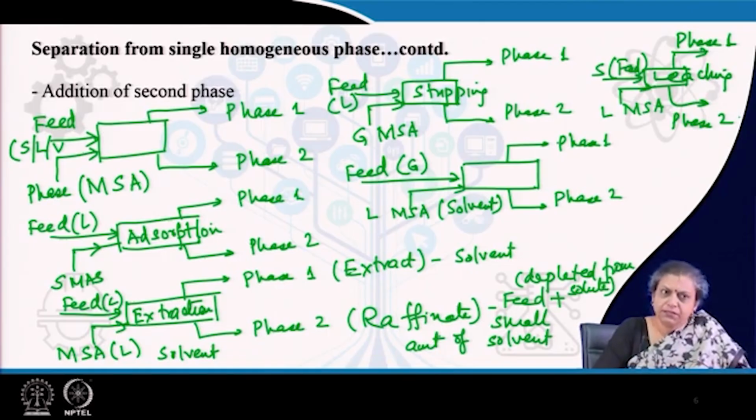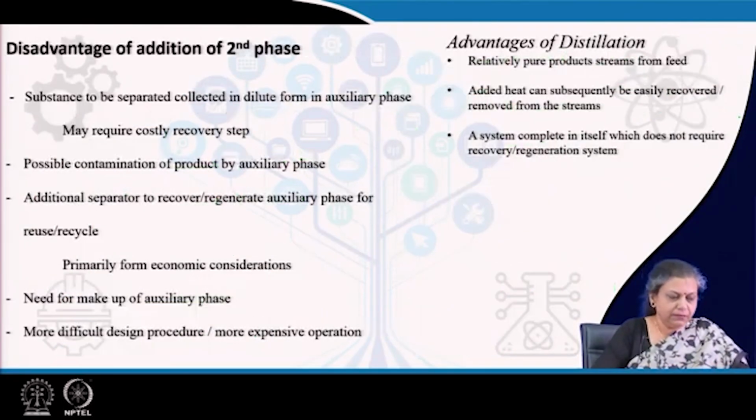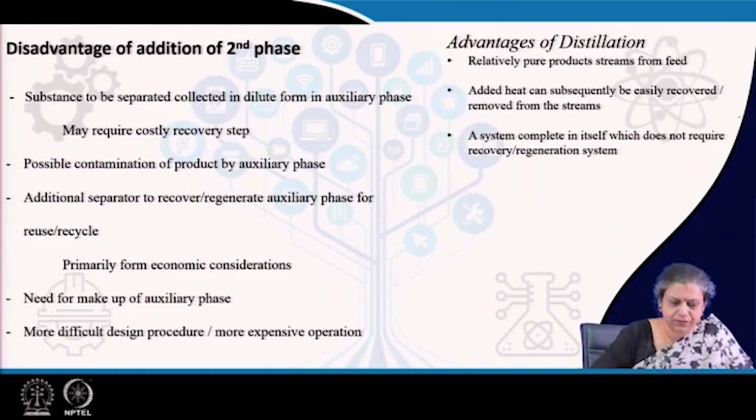So, this is an extraction process. These are different ways by which we can add a second phase and effect mass transfer between the two phases, and the separation can be achieved.